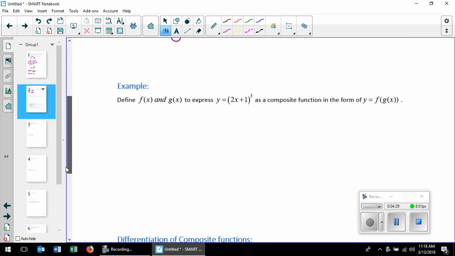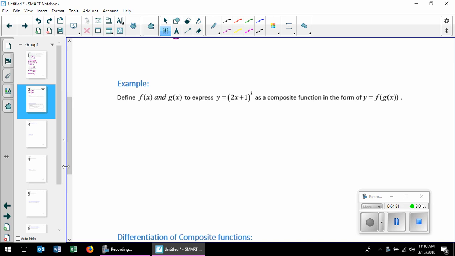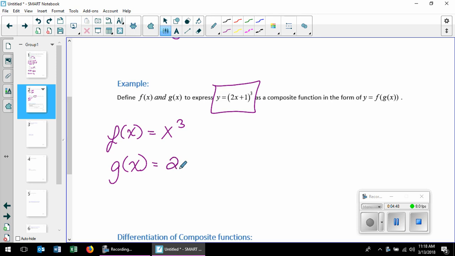So here's another example, giving you a composite function. What are your two original functions? So f of x is x cubed, and g of x is 2x plus 1. There's not really any math you have to do there. You just kind of have to look at it and pull it apart.